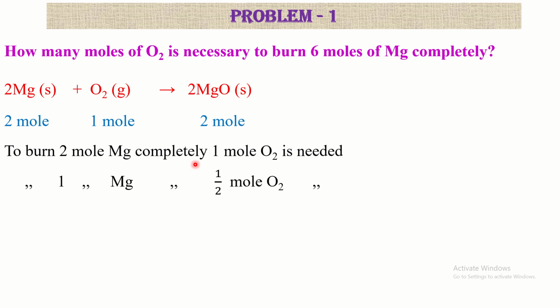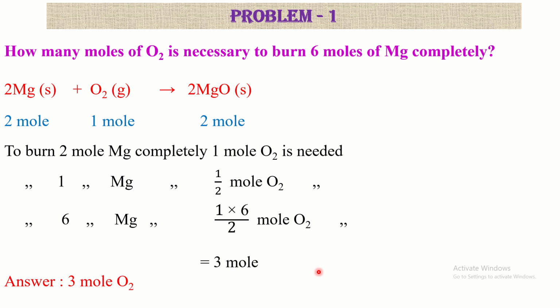Therefore, to burn 1 mole magnesium completely, 1/2 mole oxygen is needed. So to burn 6 mole magnesium, 1 into 6 divided by 2 mole oxygen, that is 3 mole oxygen is needed. This is our required answer. To burn 6 mole magnesium completely, 3 mole oxygen is needed.